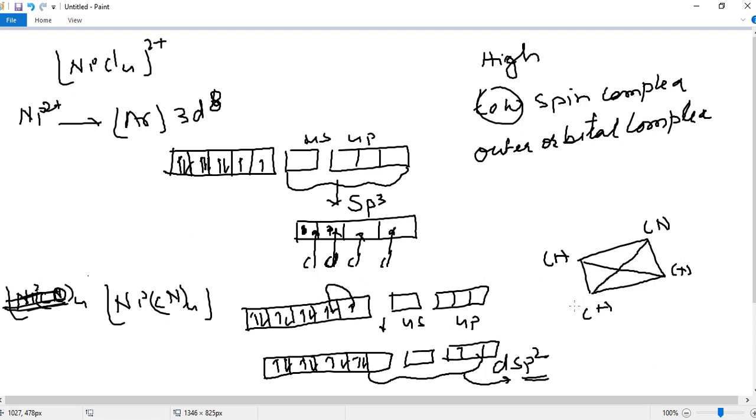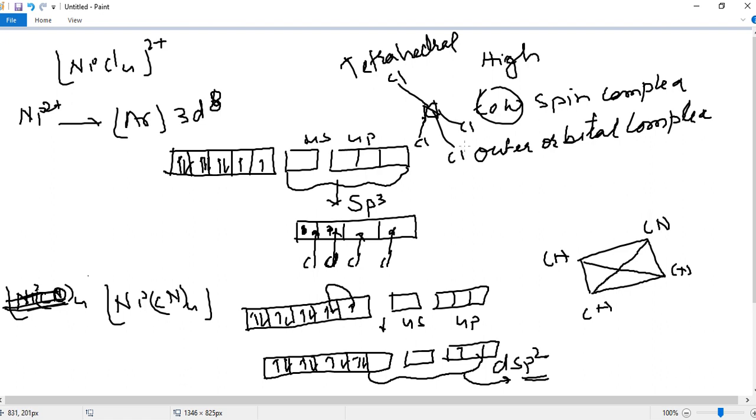Square planar geometry will be. यहाँ पर क्या geometry हो जाएगी? Because sp3 hybridization will be, so it is tetrahedral geometry. Ni, so one Cl is here, one Cl is here, one Cl is here, and another Cl is here. So this is tetrahedral geometry.